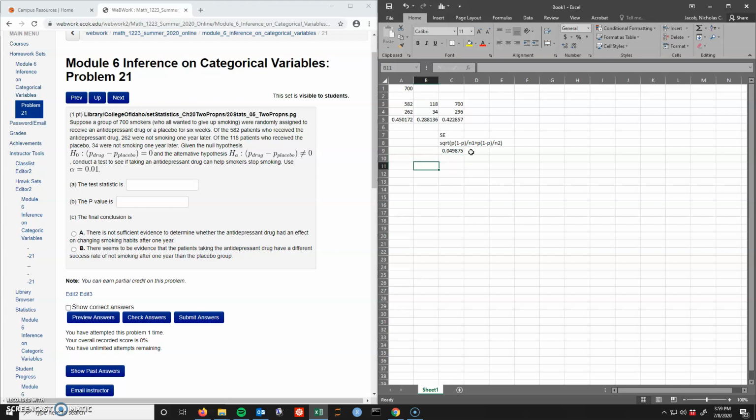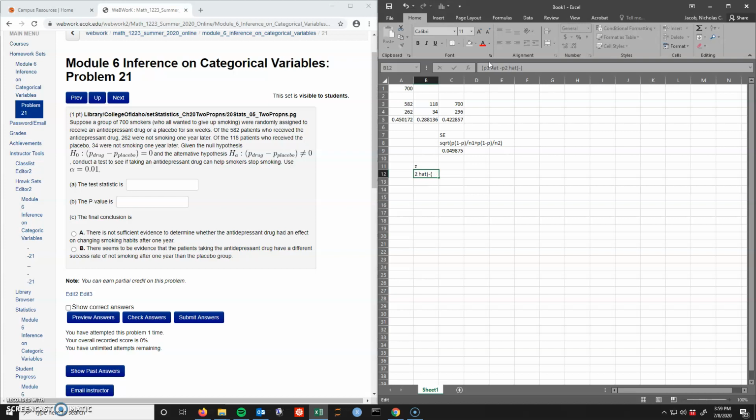So if we want to compute the z, we're going to take the difference of the two p hats, so p1 hat minus p2 hat. Excuse me, I need to use some parentheses. I always forget parentheses on my equations as I'm going.